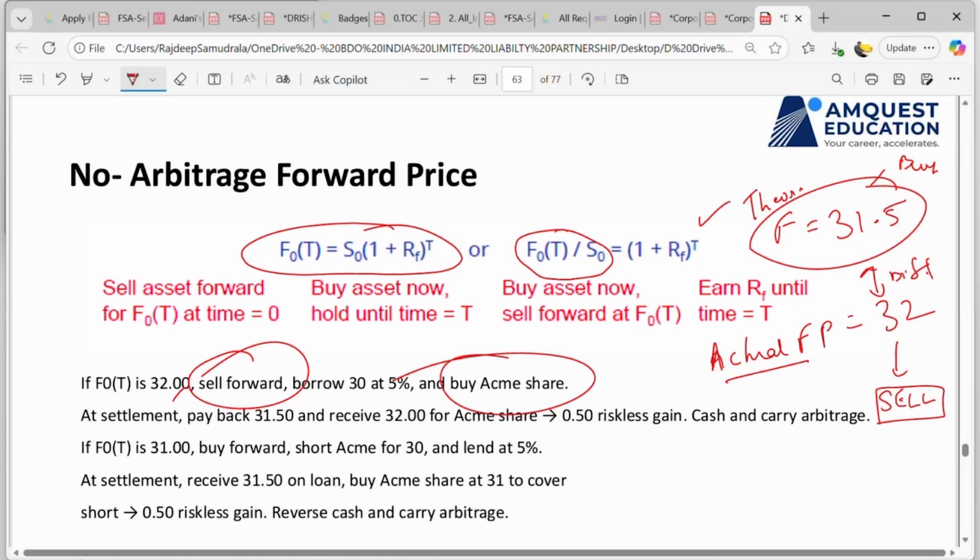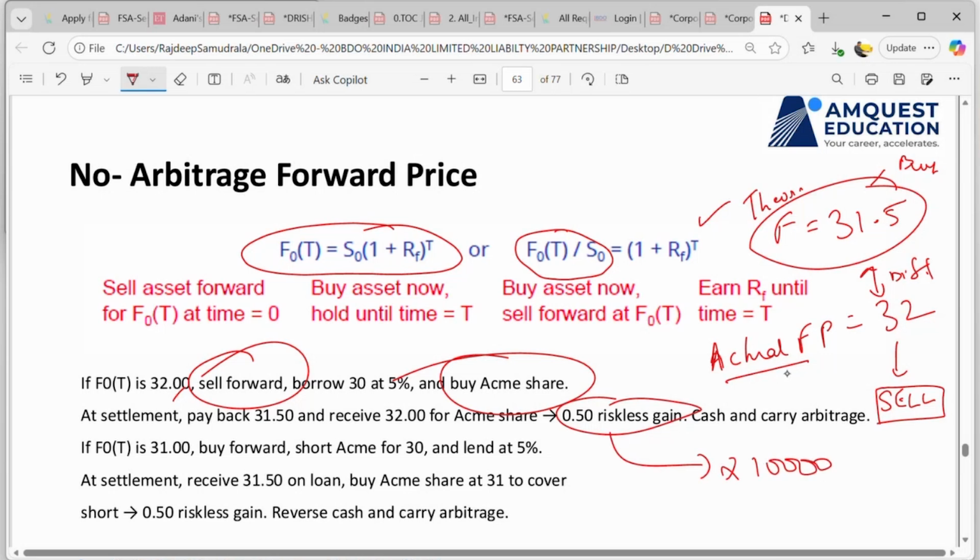After 1 year, you will end up in a situation where with one hand you paid 31.5 and took the share, and with the other hand you sold that share at 32. On year end 1, you will earn 0.5 per contract. This 0.5 is riskless gain. If you make some 10,000 contracts, you're making 5,000 profits for taking no risk.